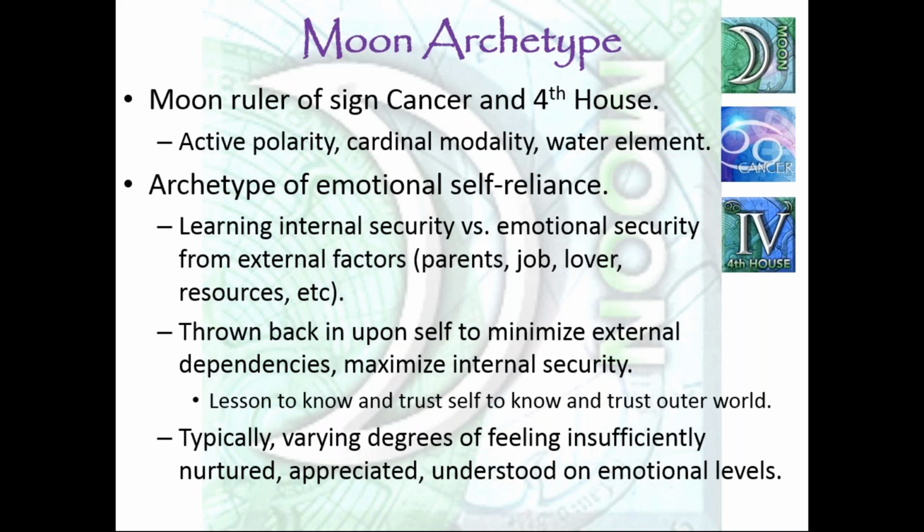And when we do that, sooner or later, some way, somehow, we're always going to get thrown back in upon ourselves in order to minimize any external dependencies and maximize our own internal security. In other words, this is going to be the lesson to know and trust ourselves, that will then allow us to know and trust our outer world.